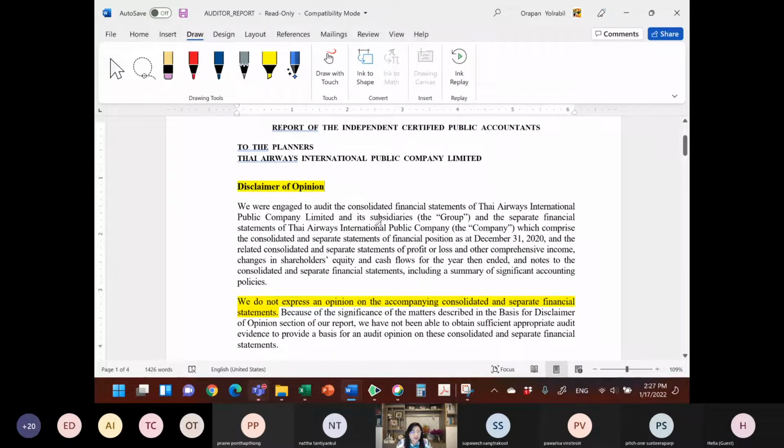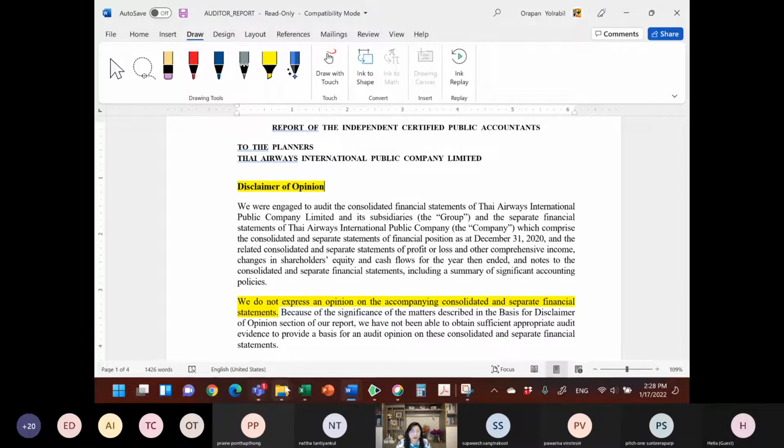Disclaimer, so there's no opinion, because there are uncertainties associated with the going concern, whether the company will continue its business in the future, because it's now under a bankruptcy law case. Okay, so this is the example. The auditor said we do not express any opinion on this financial statement.